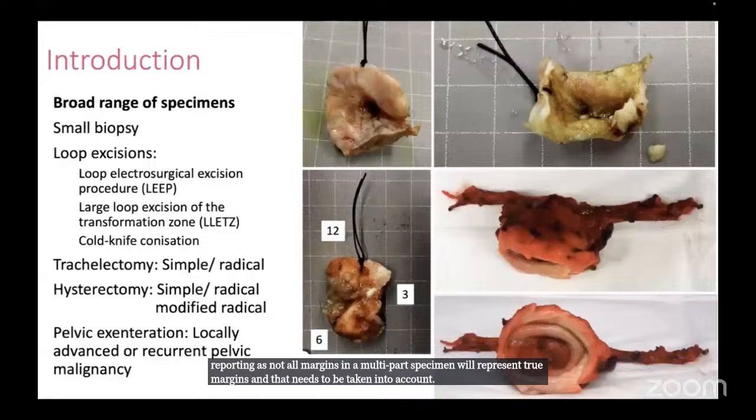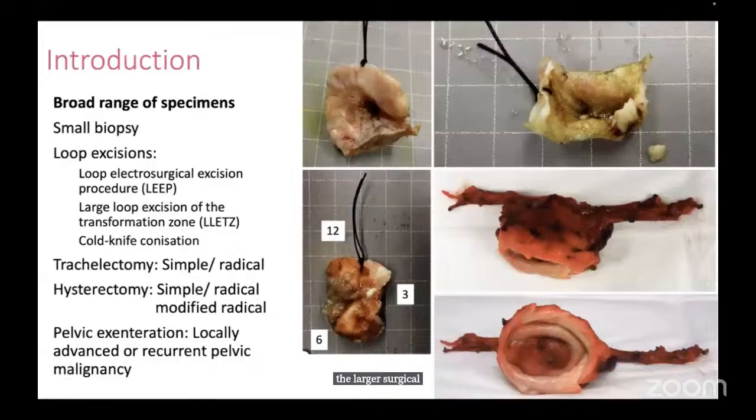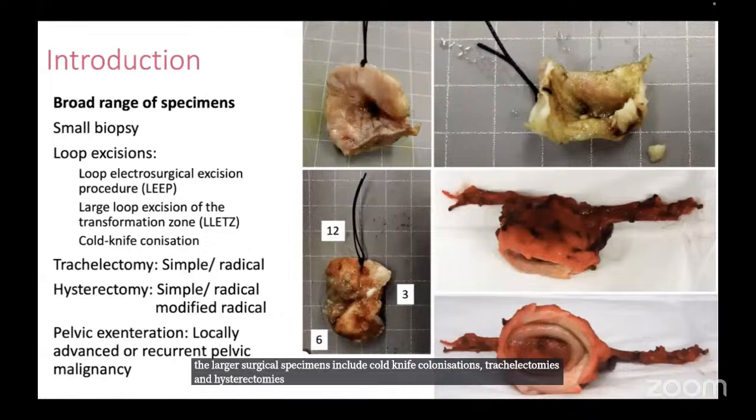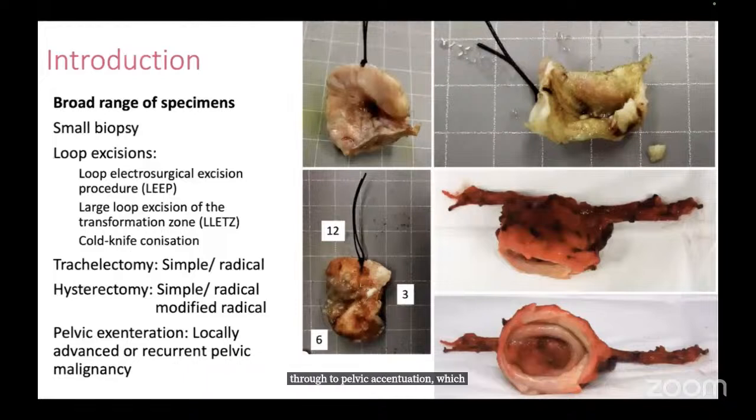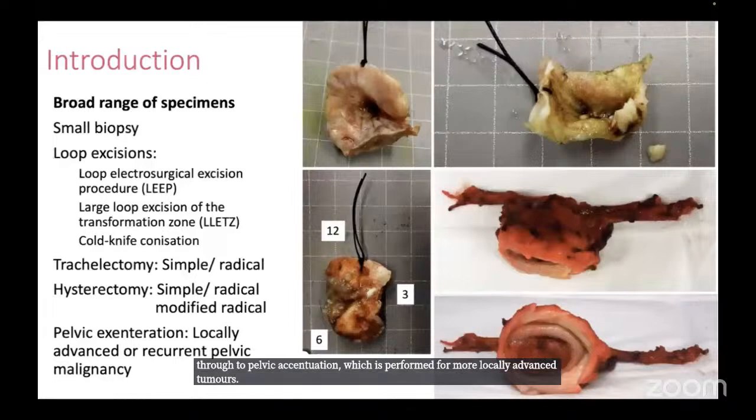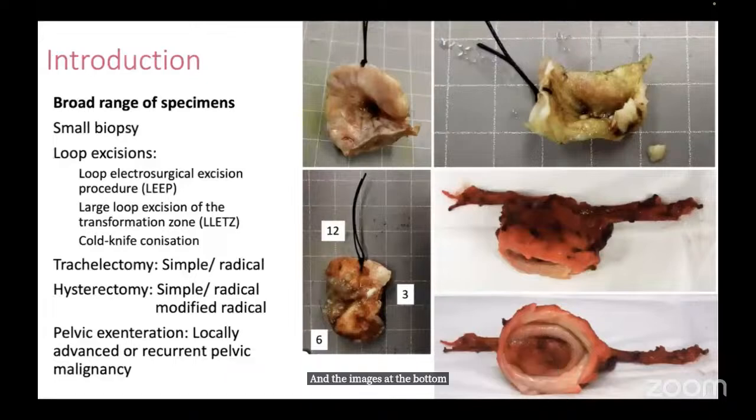The larger surgical specimens include cold knife conizations, trachelectomies, and hysterectomies. The latter two can be simple or radical, through to pelvic exenteration, which is performed for more locally advanced tumours. And the images at the bottom right there depict a radical trachelectomy specimen.